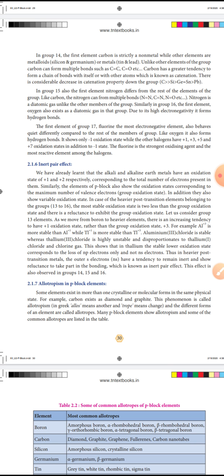So this effect is called the inert pair effect.